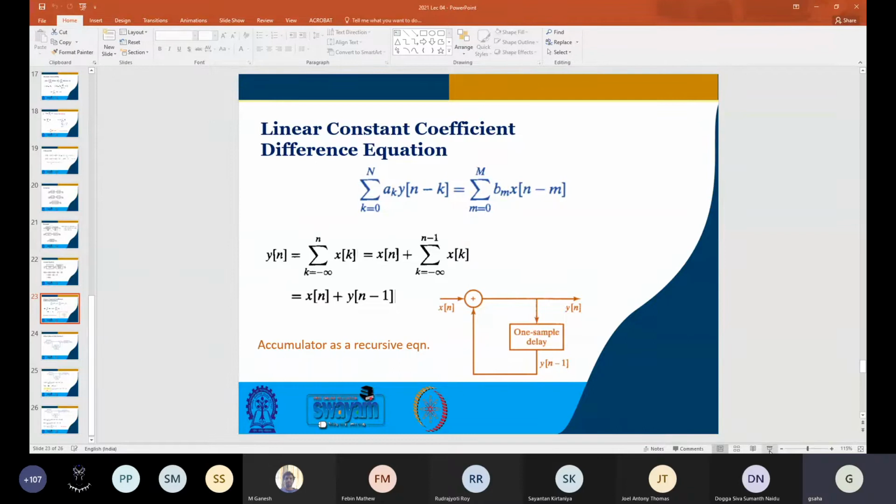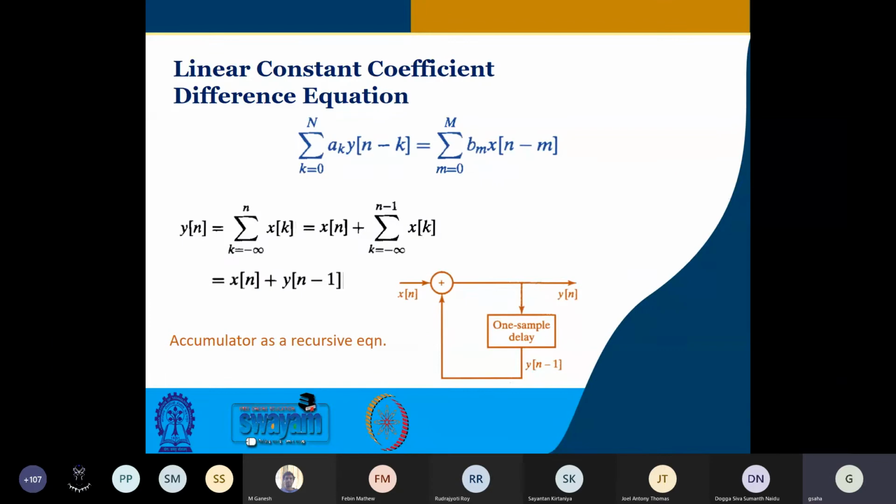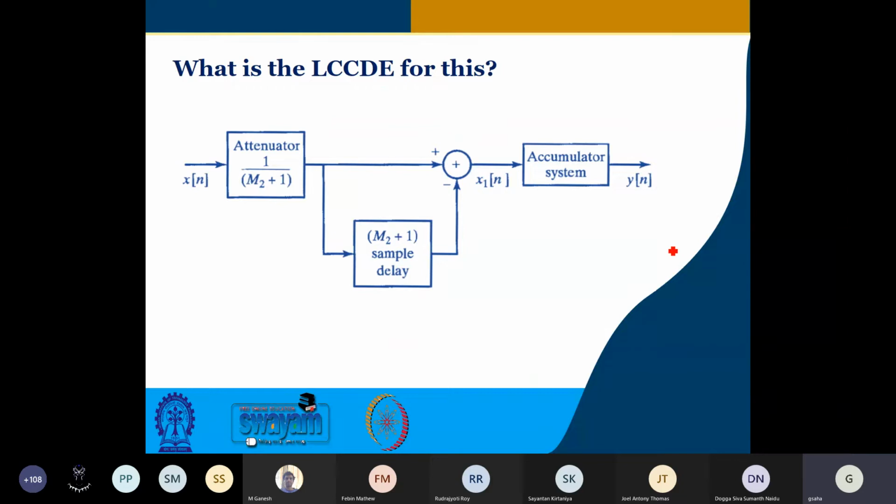So let us go ahead. Now, all of you write the linear constant coefficient difference equation, full form, please remember, for this system. You can consider the intermediate system, this system, that system.